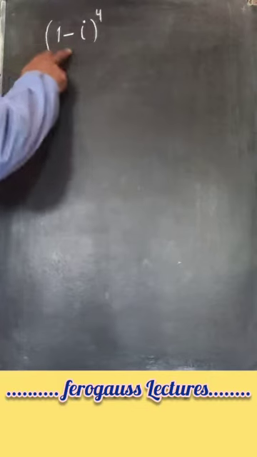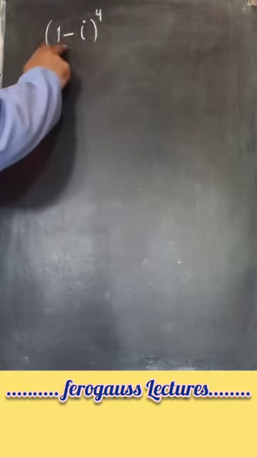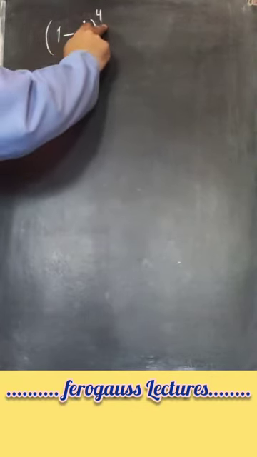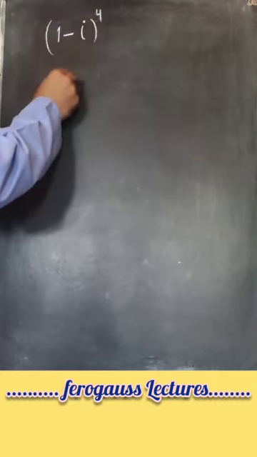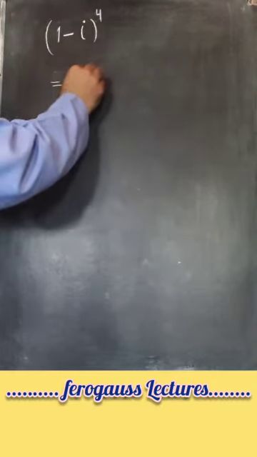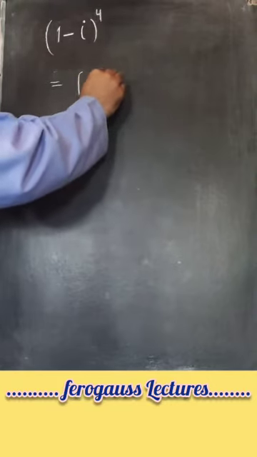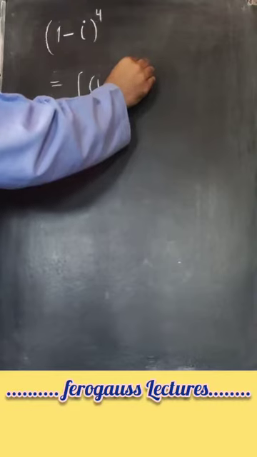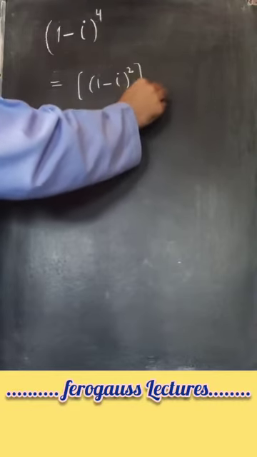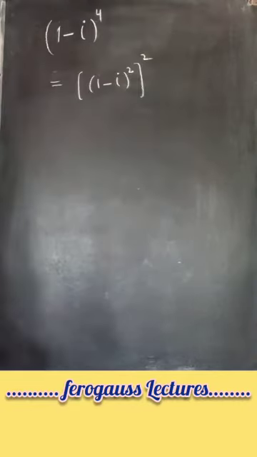Now let's convert one more complex number in the form of a plus iota b. Here we have complex number 1 minus iota raised to power 4. We can write it as 1 minus iota square whole square.